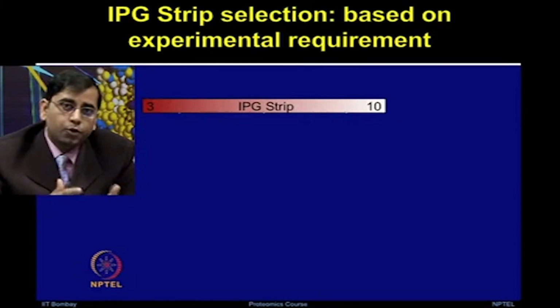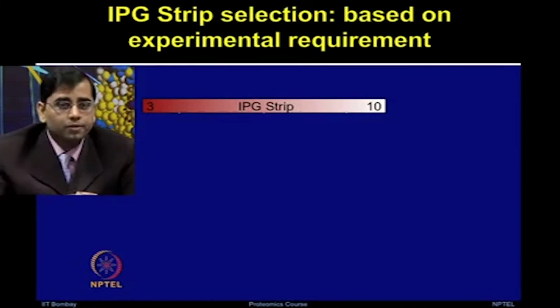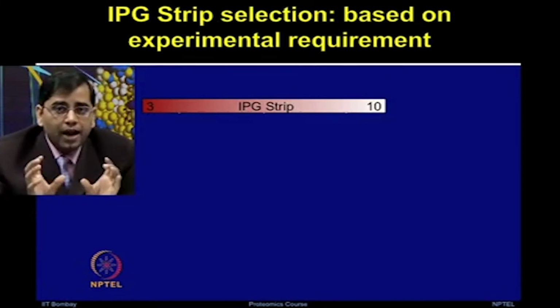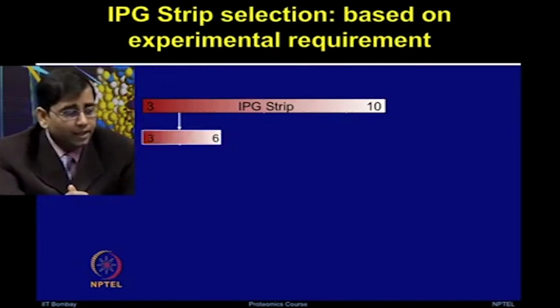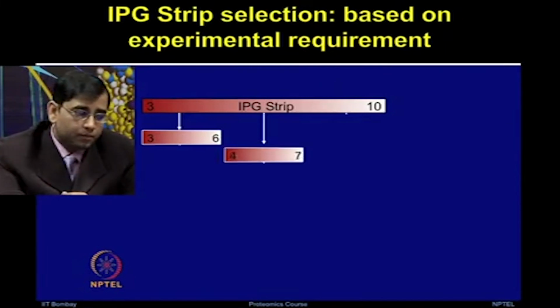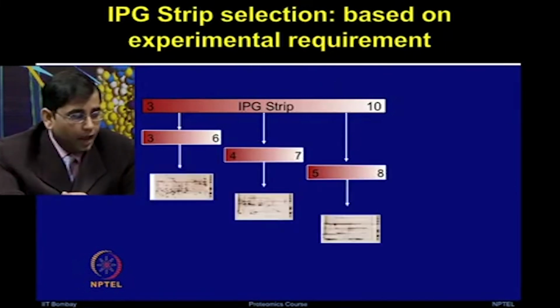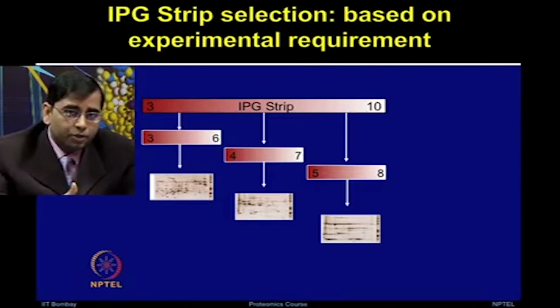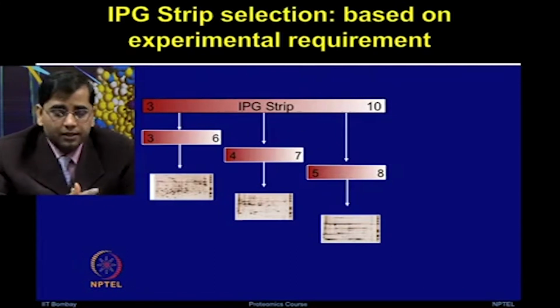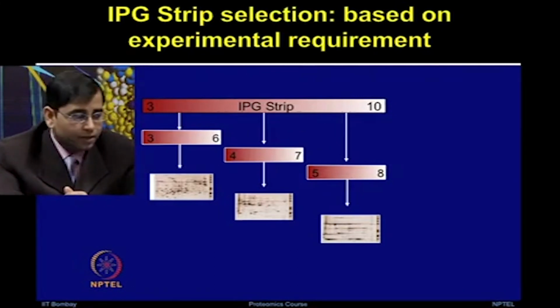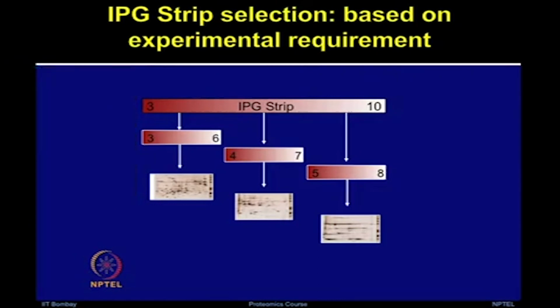Now, if you know your proteins are richer in the acidic region or the basic region, one can separate proteins on narrower range IPG strips. For example, one can use 3 to 6, 4 to 7, 5 to 8, and different gel patterns can be observed. Depending on your IPG strip and the preliminary result obtained, one can then separate the proteins based on IEF, the first dimension electrophoresis, and SDS-PAGE, the second dimension, based on molecular weight.